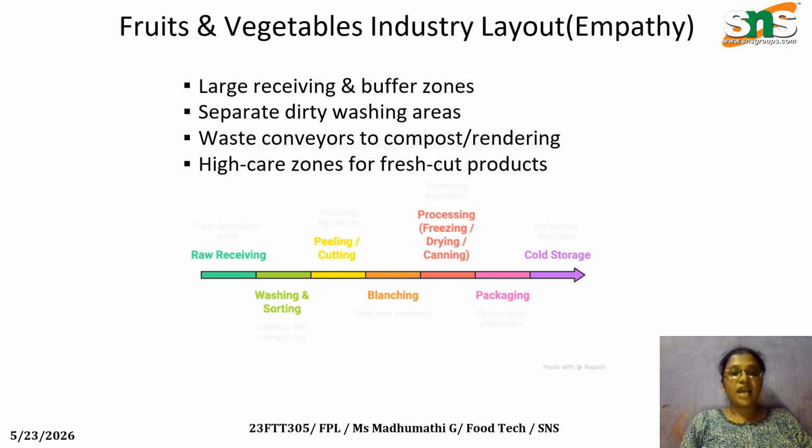Then high care zones have to be provided for fresh cut products, because the raw material is washed, peeled and blanched, and during processing we are going to freeze it, dry it or can it. Before that, when we cut or take the pulp or whatever process we handle, much higher care has to be taken.